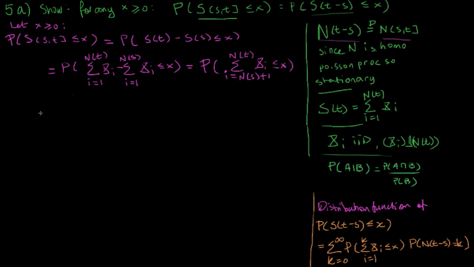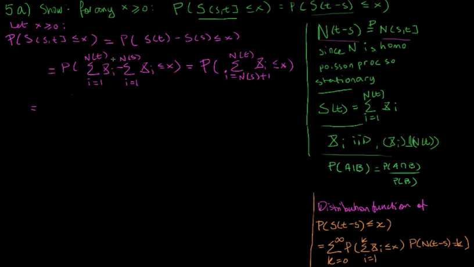Now we apply the same trick as we did in the earlier calculation, where we condition on N. However, here we actually have two stochastic variables: N of t and N of s. And the thing is that N of t and N of s are intricately related, because if N of s is equal to 10, for example, N of t cannot be equal to 8.